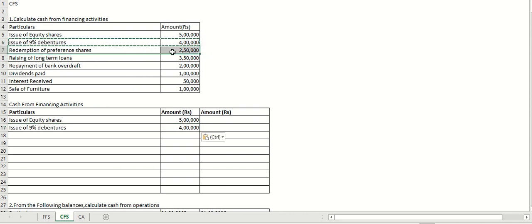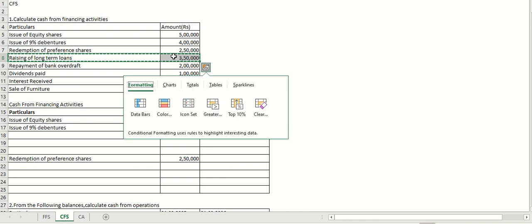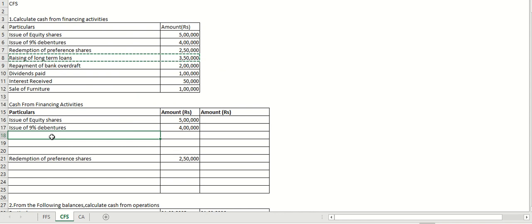Then redemption of preference shares. Redemption of preference shares is basically outflow of funds, so we will minus it. Then raising of long-term loans. You're raising some sort of long-term loan, hence it comes under inflow of funds, so you will add it.